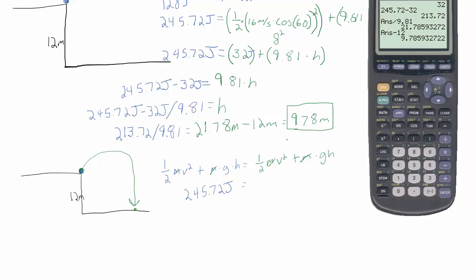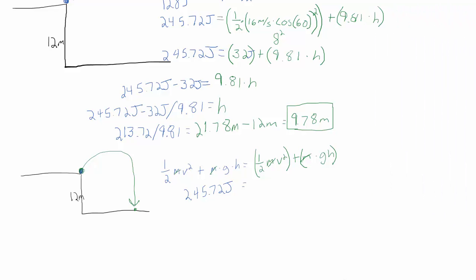Now, for this part of the equation, because this is the kinetic energy and this is the potential energy, we know that the height when it reaches the ground down here is going to be 0. So that cancels out this whole side of the equation. So all we're left with is 1/2 velocity squared. And this is what we need to find out.